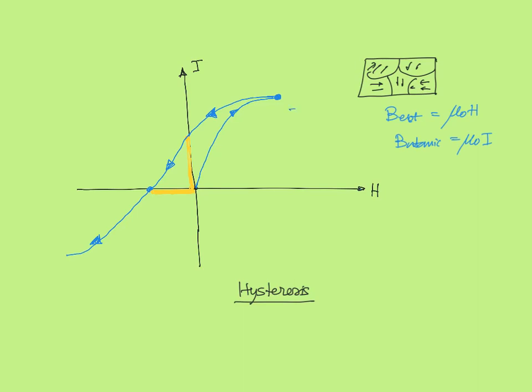To the right it has north pole here and south pole here. To the left it has north pole here and south pole here. It attains saturation, and again you bring the external magnetic field to 0. It retains some magnetism, and again you demagnetize it, come here, and again like this.